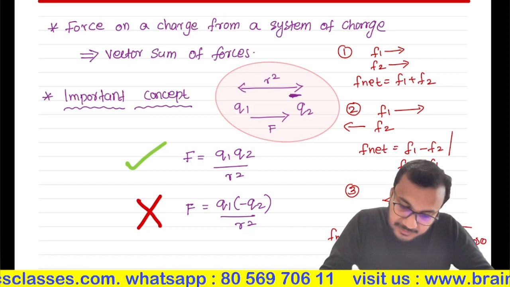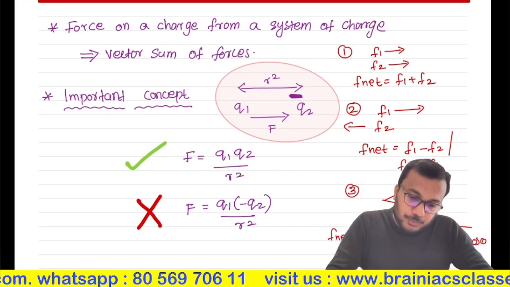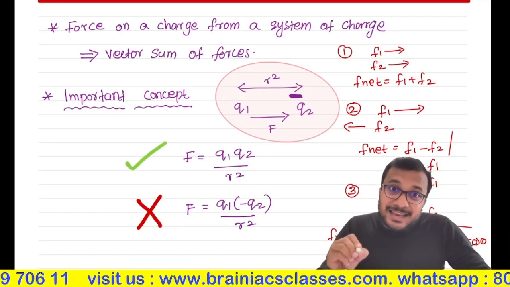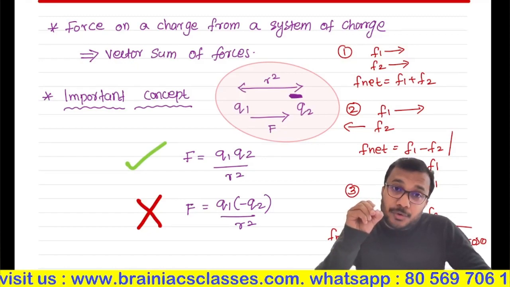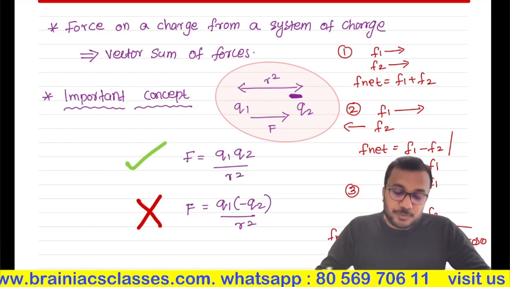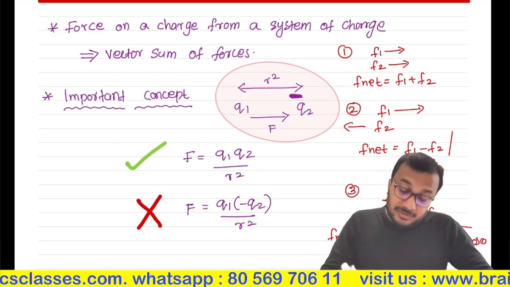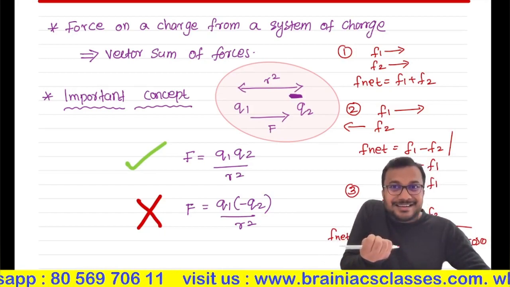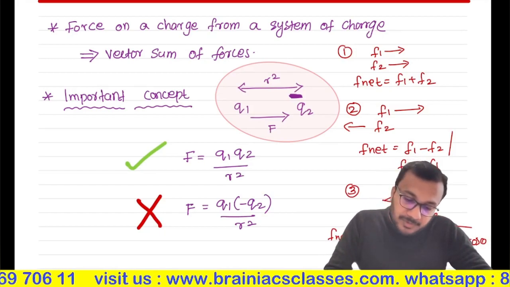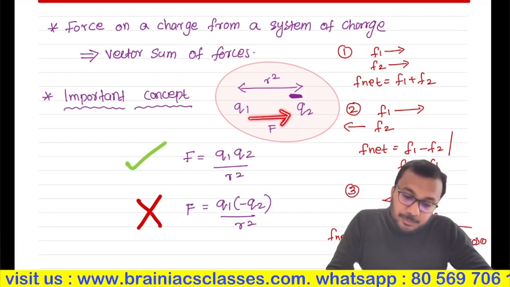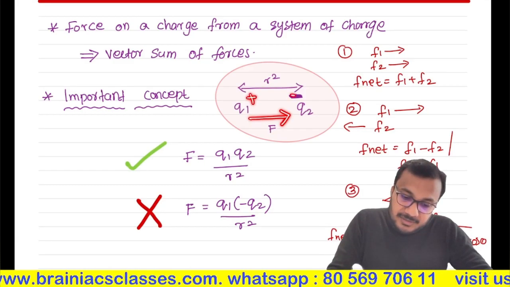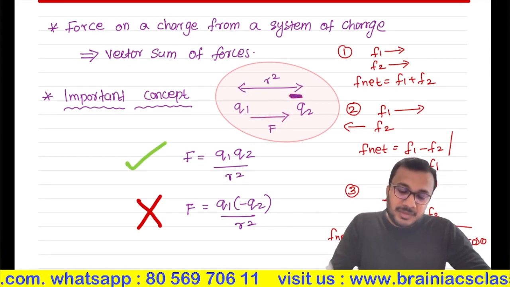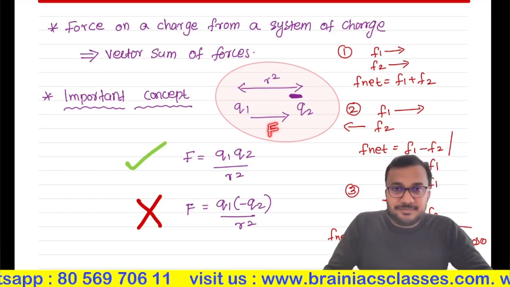Now suppose I'm going to find the force on Q2. Q1 will attract it, because Q1 is positive and this one is negative. So Q1 will attract with a force called F, like this.